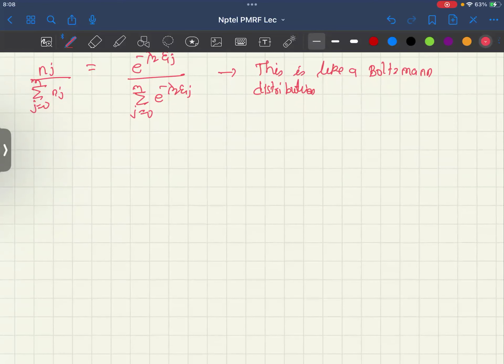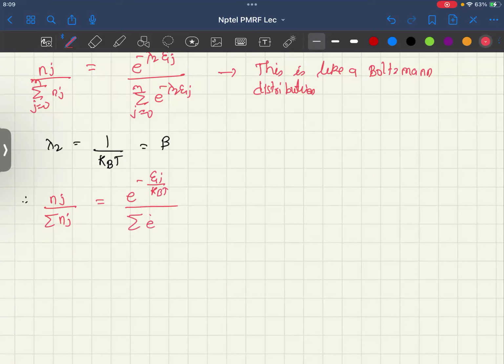Right? And let us assume that lambda 2 is equal to 1 by kBT, which is nothing but beta. Therefore, we get nj by summation nj is equal to e to the power minus epsilon j by kBT divided by summation e to the power minus epsilon j by kBT.